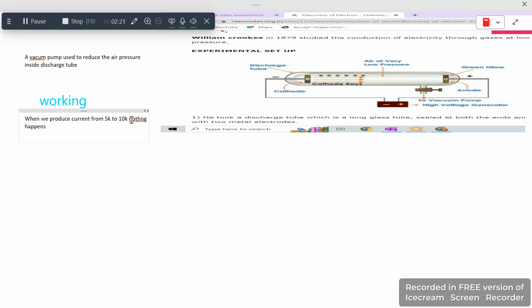So what did they do? Of course we need to have some change to look into, to see if there is any particle which is known as electron. Now there was no change, so of course we need to know.